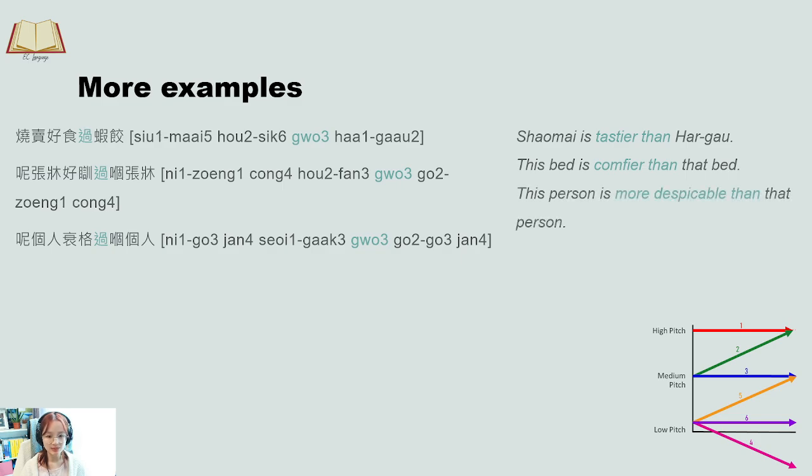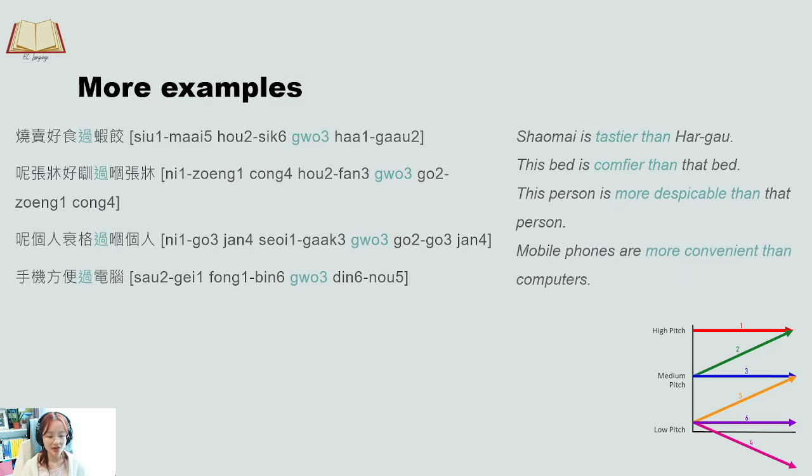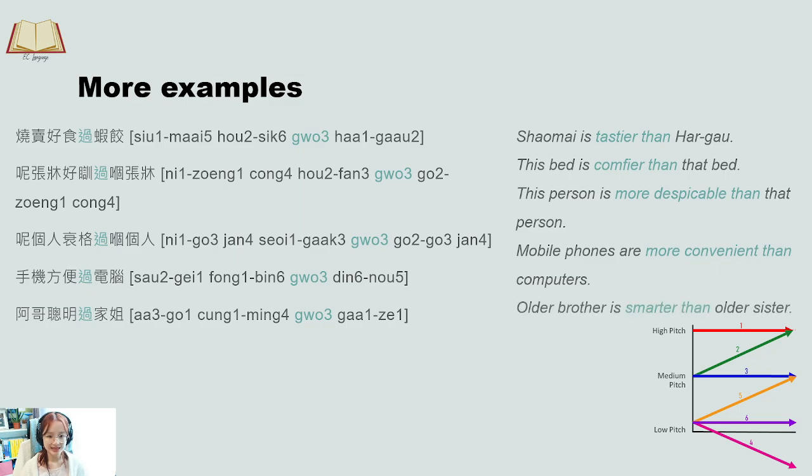This person is more despicable than that person. 手機方便過電腦. Mobile phones are more convenient than computers. 阿哥聰明過家姐. Older brother is smarter than older sister.